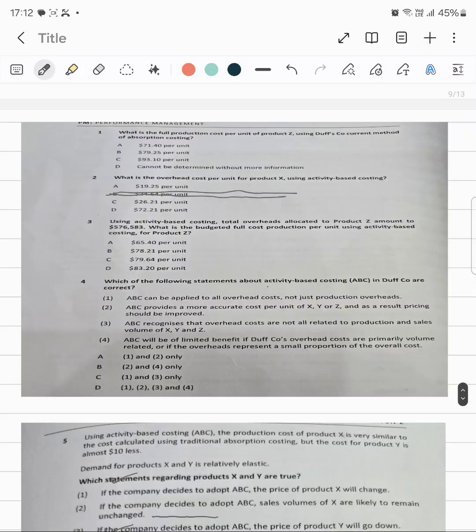Okay, so the correct answer over here for this is also B, 78.21. For question 2 also the correct answer was B.